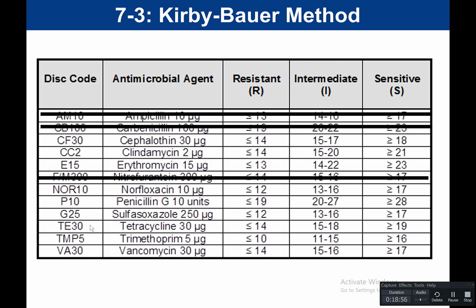You have to control for lateral diffusion and all of the other things that we talked about, because you are comparing against these standard zone of inhibitions. And so if you pour your plate too thick, for example, well, that's going to affect the way that the drug diffuses, and therefore your zone of inhibition might not be the same. And so this test really needs to be standardized in order for the results to be meaningful.